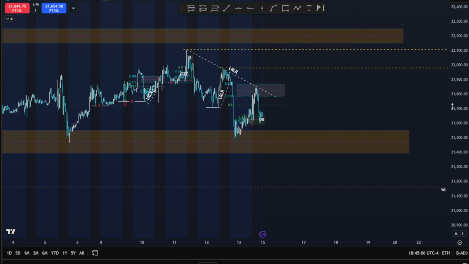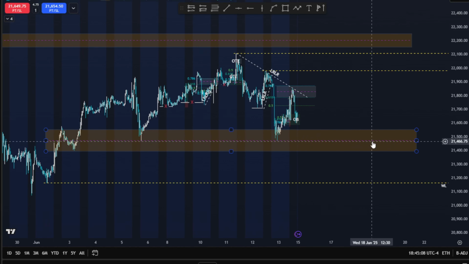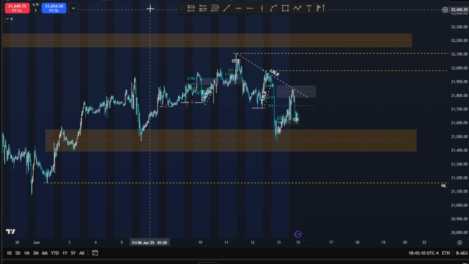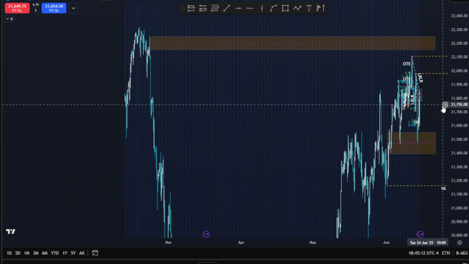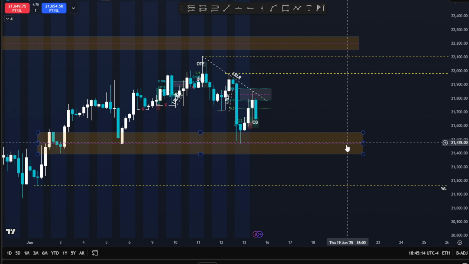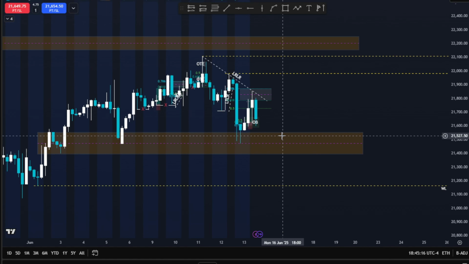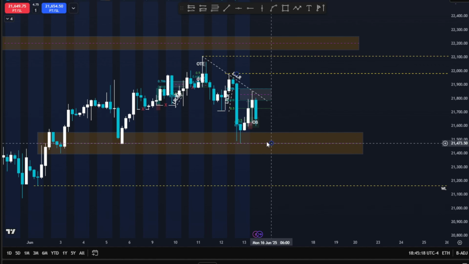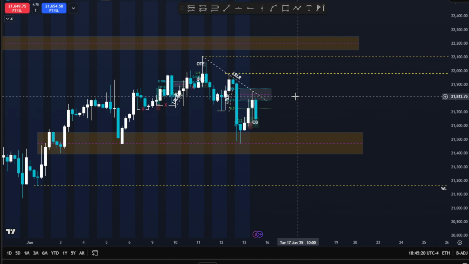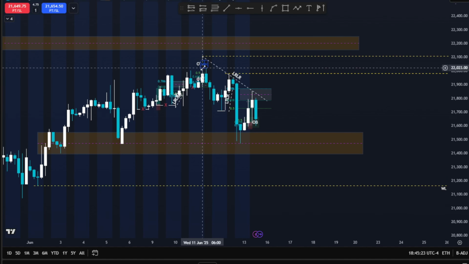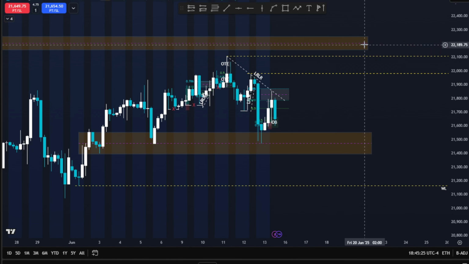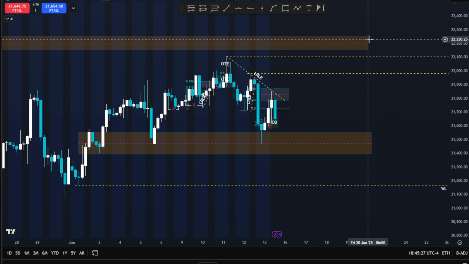If the bottom of this higher time frame, the 4 hours, is respected, what I'm seeing is it going back down, sweeping this liquidity, and then moving back up slowly, grabbing this, grabbing this, grabbing this, and then targeting this point of interest on the higher time frame that I have marked out.